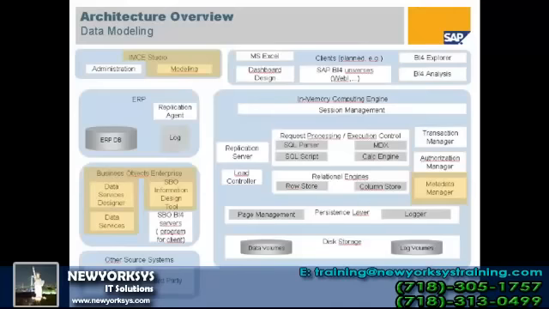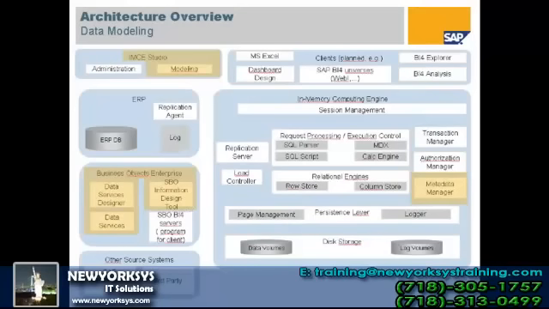This particular slide talks about the modeling perspective, and which tools and components are used in that particular exercise. Mostly you're going to be using the studio, and in the studio you're going to be using the modeling perspective. That is number one. Then of course you're going to use the metadata manager here, and they are saying that you're going to use BODS and the Information Design Tool.